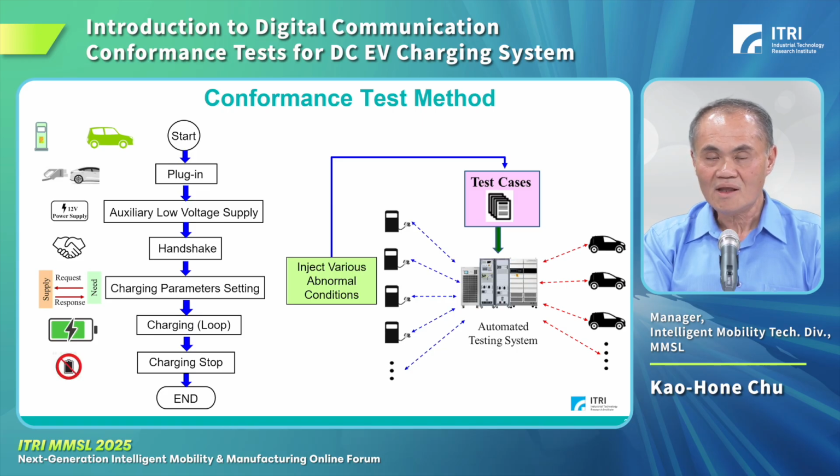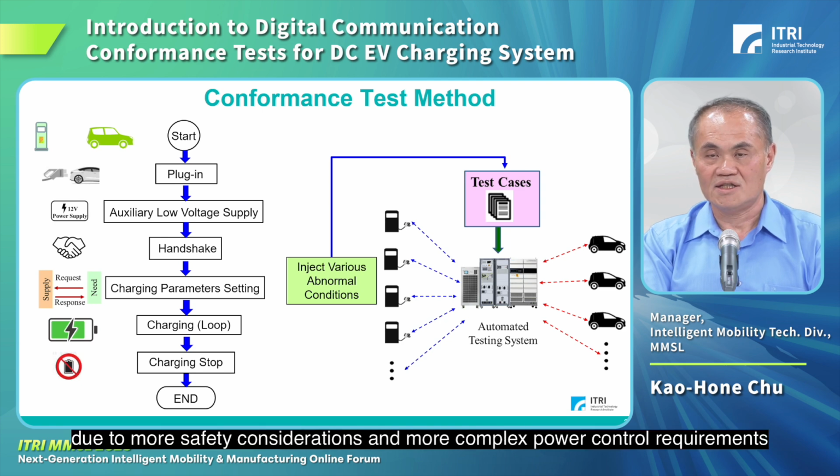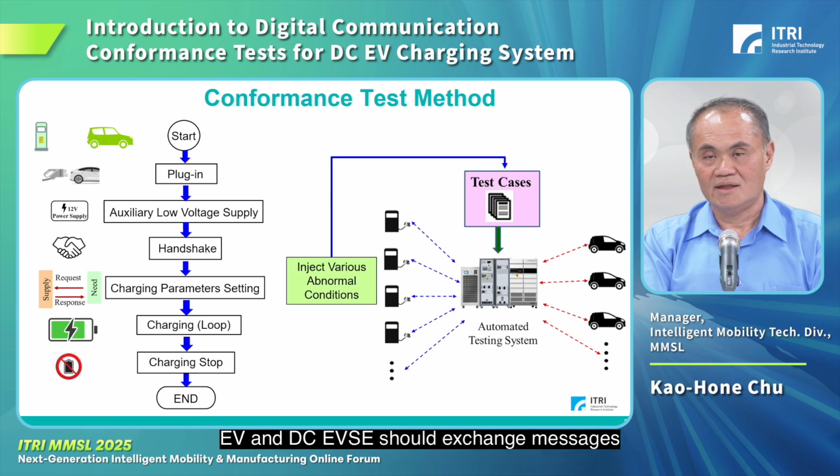In DC charging mode, due to more safety considerations and more complex power control requirements, the EV and the DC EVSE should exchange messages by applying digital communication for each of the charging phases we described previously.